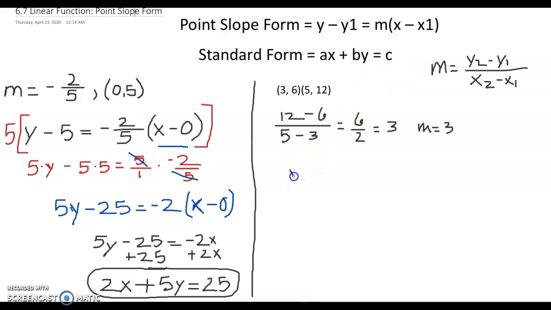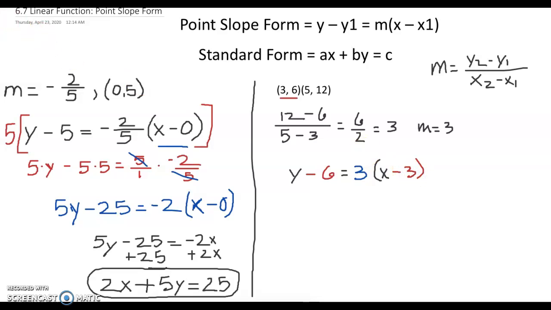So we have y minus 6 equals our slope, 3, times x minus x1, which is 3.